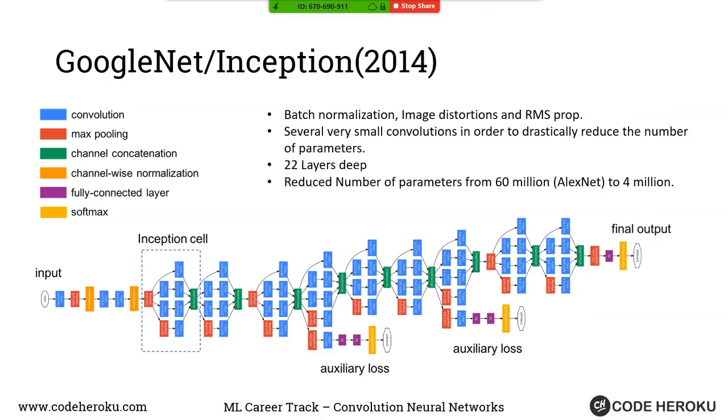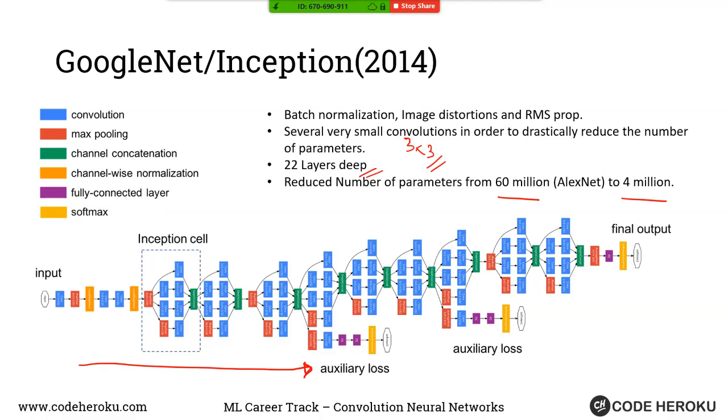Then came GoogleNet, or Inception, in 2014. Instead of using large convolution filters, they reduced the filter size. They had much smaller filters of 3 cross 3 and 5 cross 5, but a deep network architecture with a lot of layers, 22 layers deep. They reduced the number of parameters from 60 million to 4 million, and that made it faster as well.